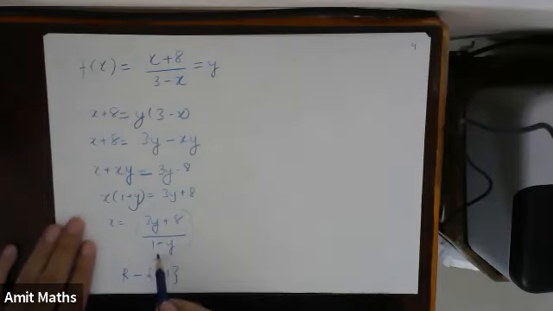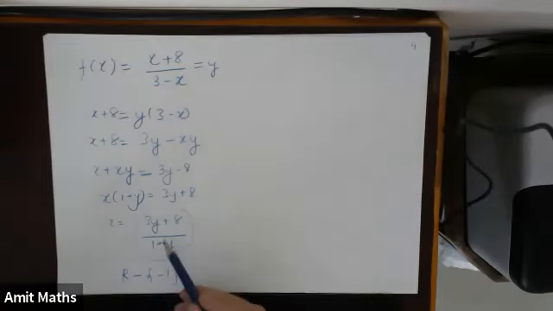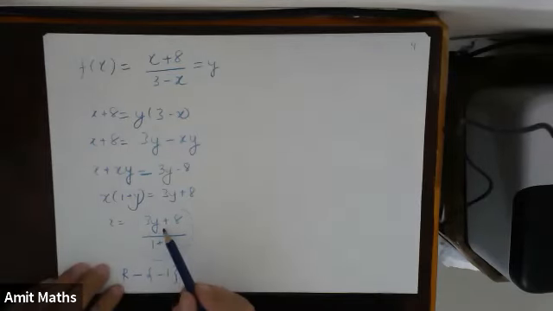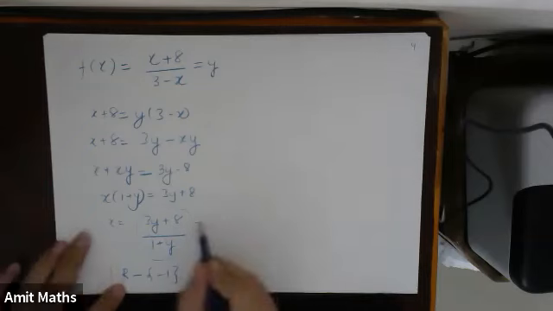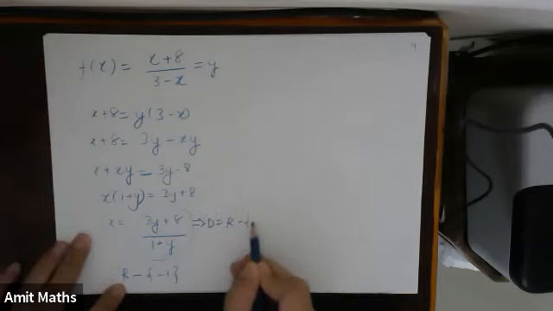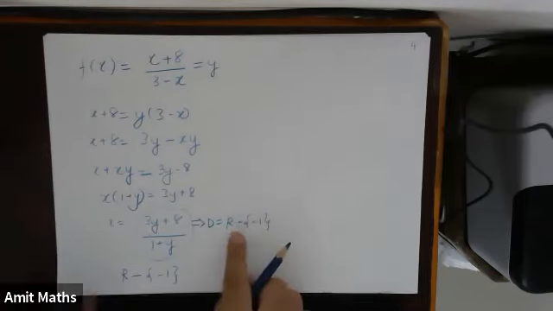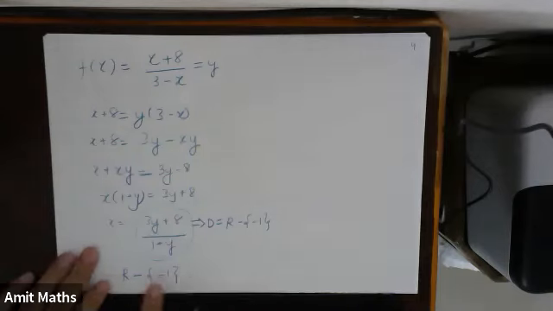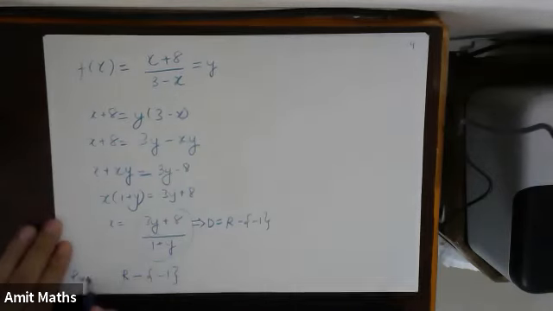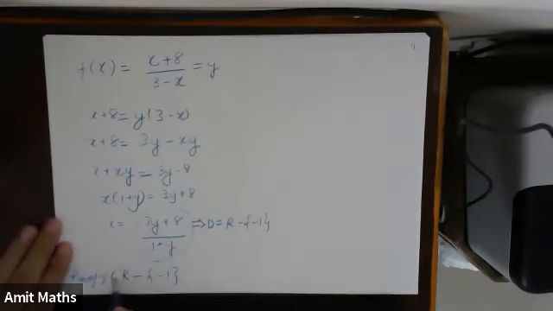That is why we remove all those values of y for which the denominator equals 0, and that is y equals minus 1. So the domain is R minus of minus 1, and this will become the range of the original function. Understood?